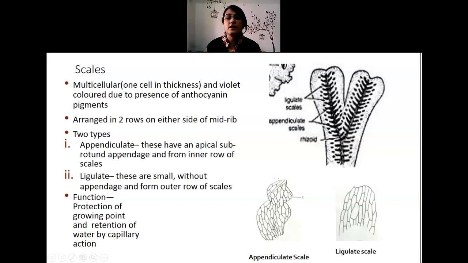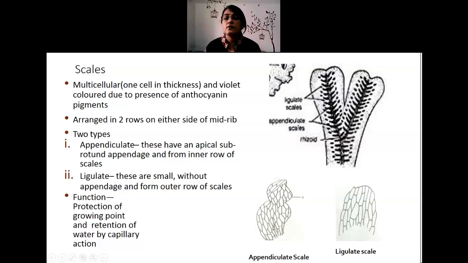One is appendiculate scales. These have an apical subrotate appendage and are found in the inner row. The other type is the ligulate scale. You can see the appendiculate scales with two lobes, while the ligulate scale is just a finger-like projection. These are small, without appendage, and form the outer rows of scales.